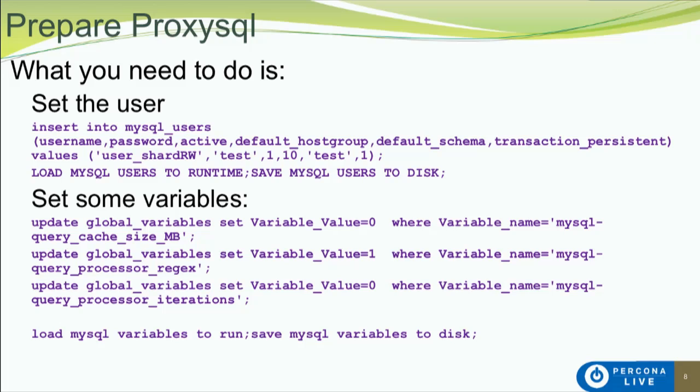We will see why they are important later, but the main thing is that the value of 1 is because ProxySQL now uses 2 different regex engines, and we are going to use version 1, which is PCRE instead of RE2. The iteration is the parameter that controls whether a single query rule can be iterated or not. Given that we will use the newest version, you don't need to have iteration here.